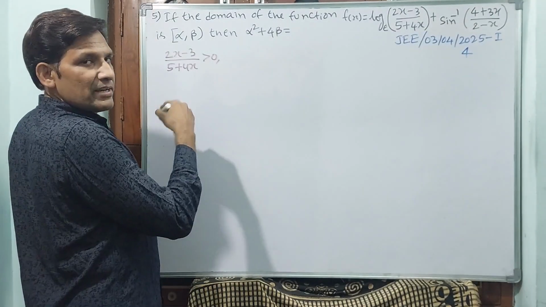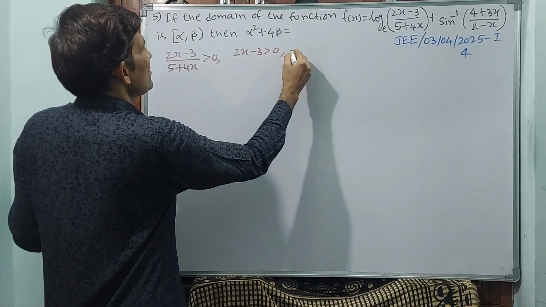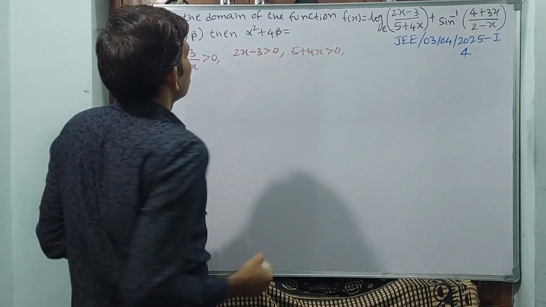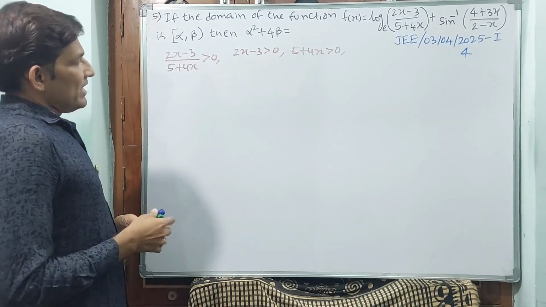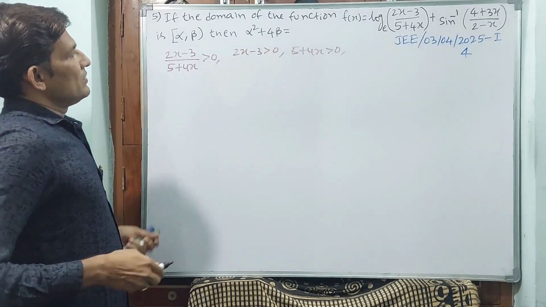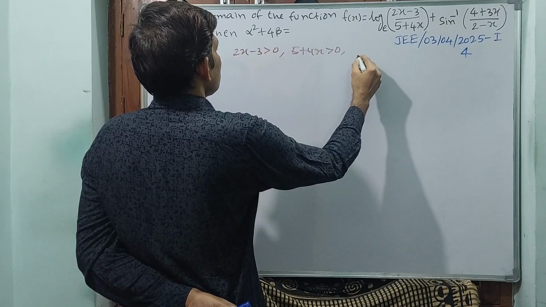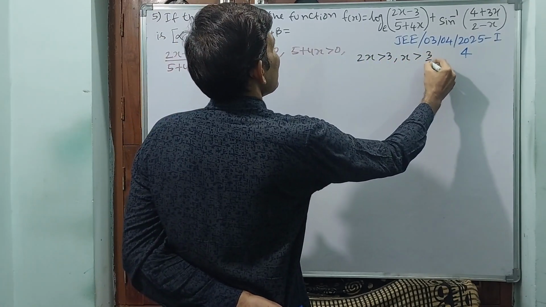See, first I am taking both positive. That means 2x minus 3 is greater than 0 and 5 plus 4x is also greater than 0. Okay? I am taking this. If that is the case, see how I am changing this. 2x should be greater than 3 and x should be greater than 3 by 2.